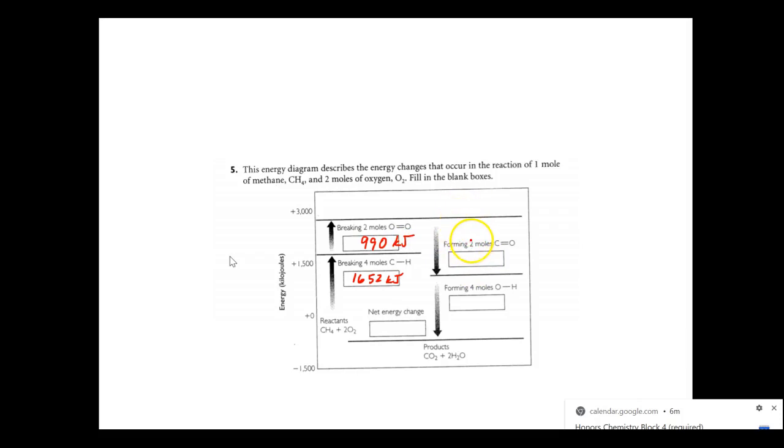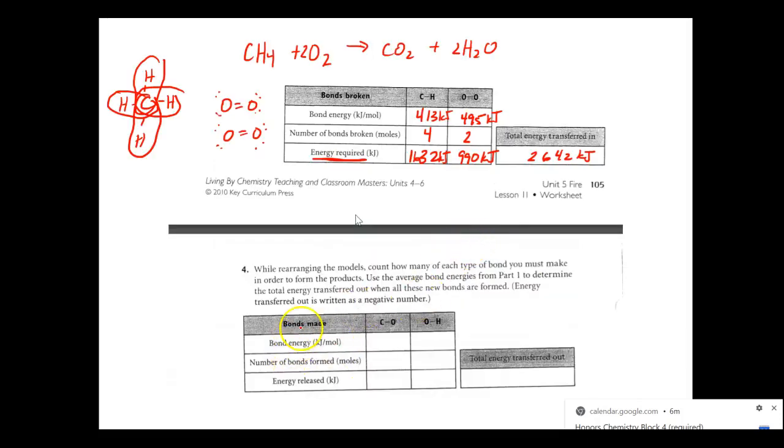So the next piece is what happens now once you've broken apart every one of these bonds and we have individual atoms. They rearrange themselves to produce CO2 and 2H2O. Again, this is where drawing is absolutely essential.